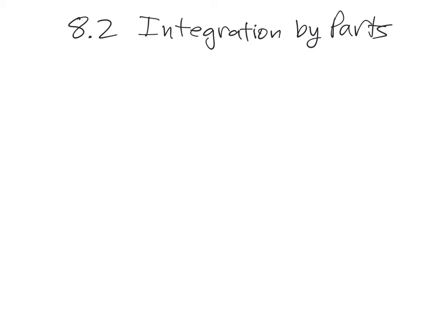Now, integration by parts, this is where we have like a product of something. Some of them are fairly straightforward, but others get kind of tricky. And let's go ahead. On the worksheet, it talks about the tabular method, making a table.